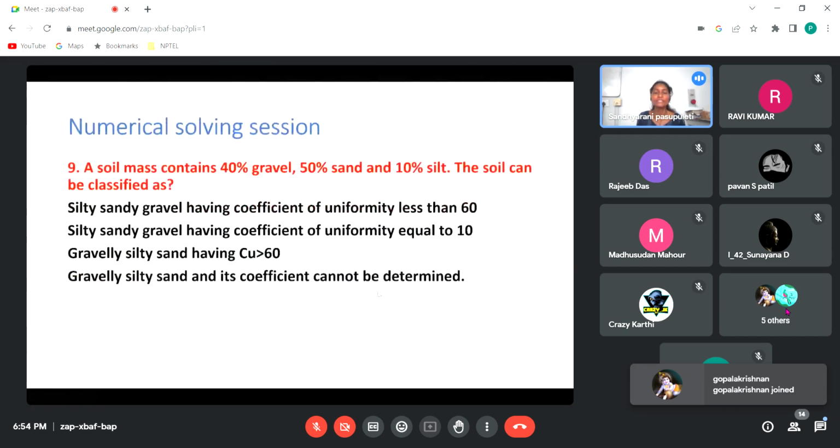So if this is the case, this is the input given, what is the type of soil we can classify it as? And also calculate the Cu value. Here actually you don't need the sieve size requirement to solve this question.